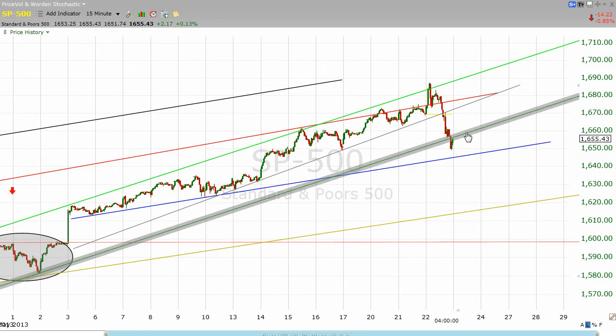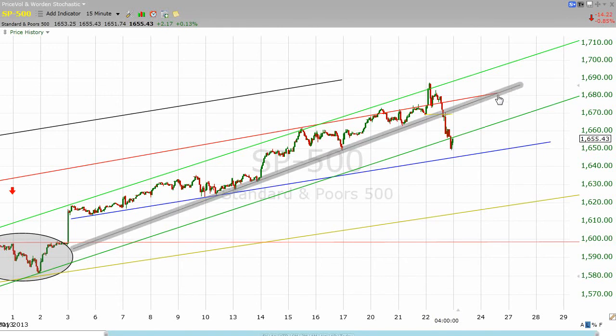The good news is we got a pretty tight range here. So if we get back over the green line, there's a chance that this could recover and get back in this channel and at least come back to back test our gray line right here, which we didn't really get much of a back test of today. That's a possibility. Or we just keep selling down.